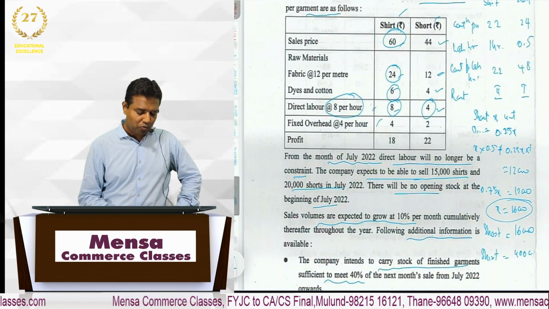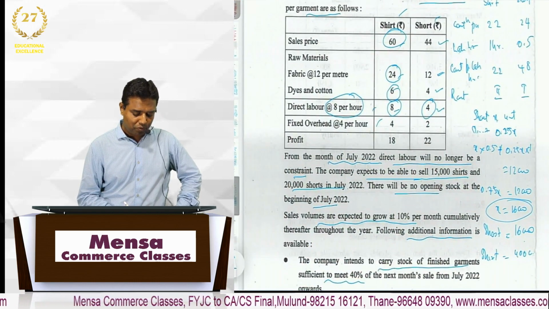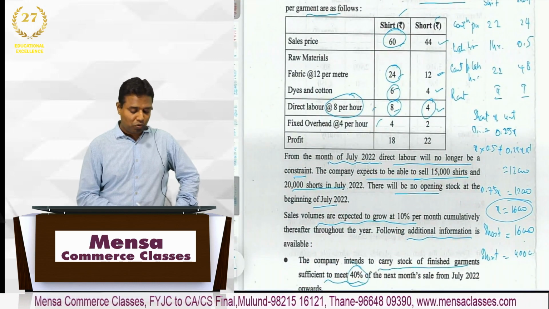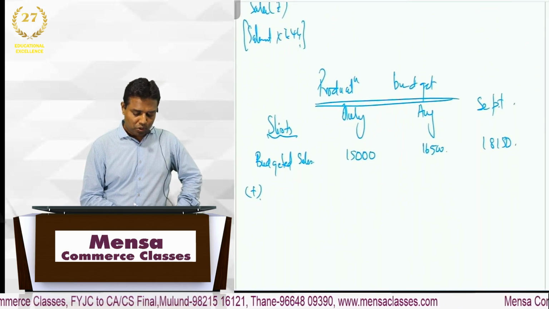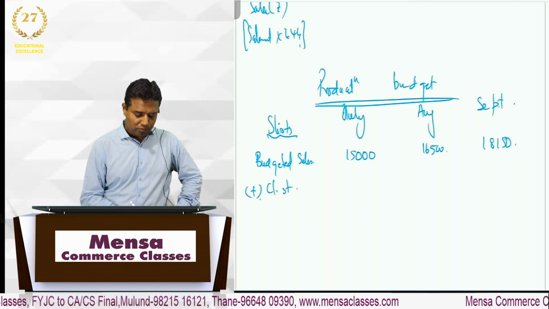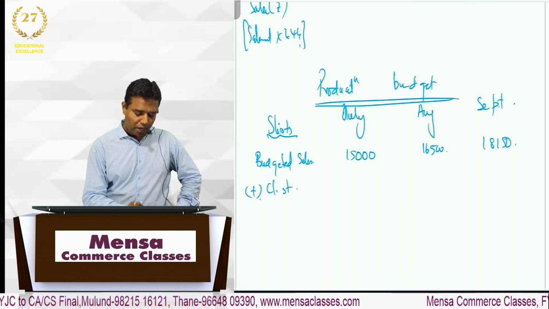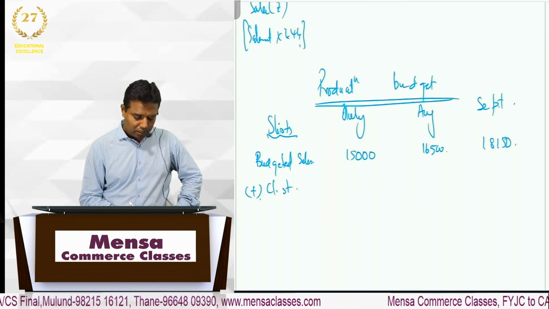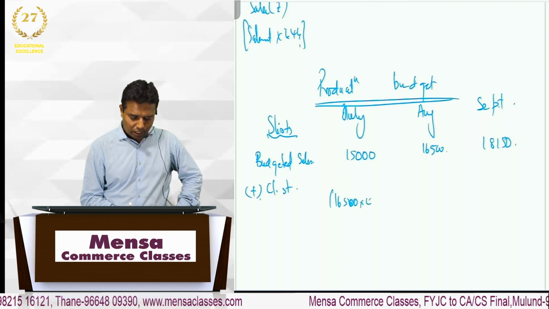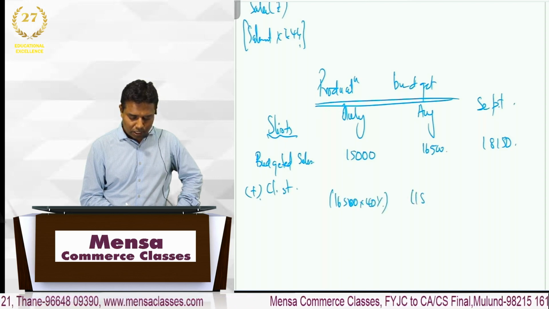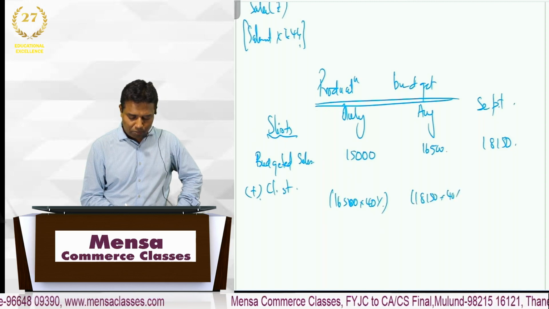So stock of 40% is you would like to carry forward to the next month. So 40% of next month sales you wanted in the closing stock. So you'll say add closing stock. So if you add closing stock, that will be 16,500 into 40%, then 18,150 into 40%.